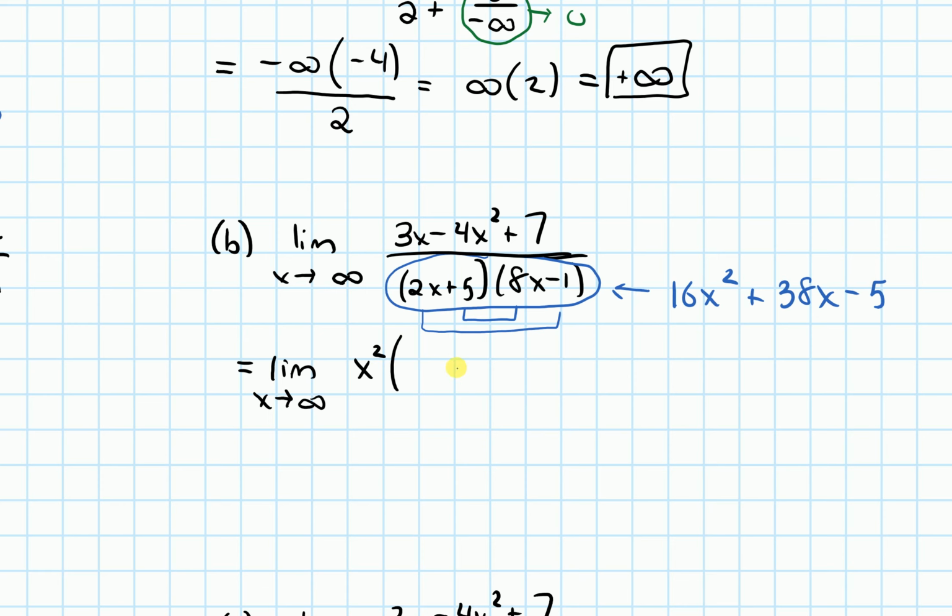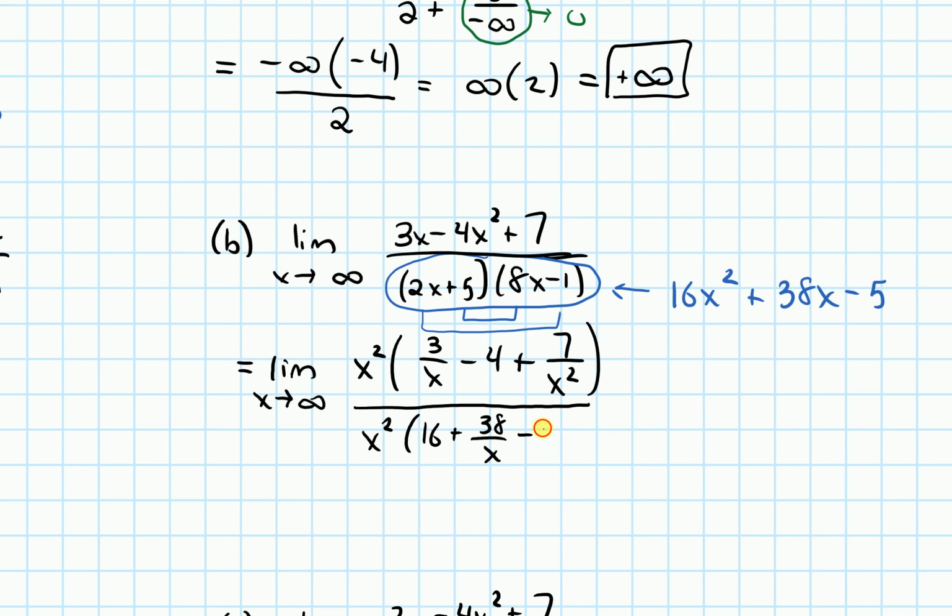So on the top, I'll be left with 3 over x minus 4 plus 7 over x squared when I factor out that x squared. On the denominator, if we factor out x squared, we'll be left with 16 from the first term plus 38 over x from the second term and minus 5 over x squared from the third term.